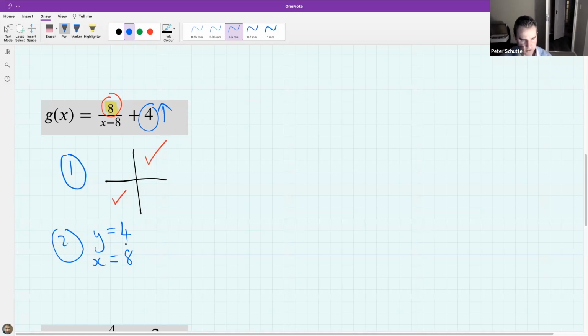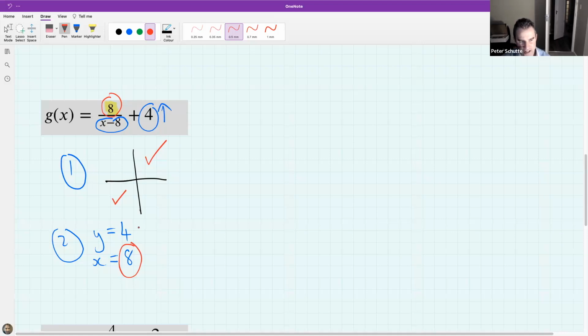And what I say to students is, if you want to know what the asymptote is for the x value, you say, what value of x will make the bottom 0? So if you put 8 minus 8, you get 0. That's why the asymptote must be x is 8. This is a horizontal shift of 8 units to the right, but I'll deal with that later.